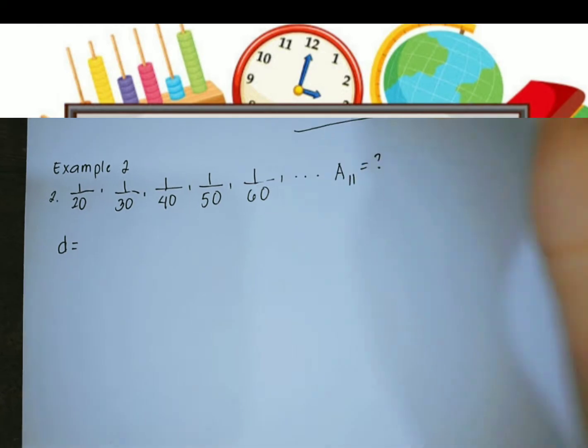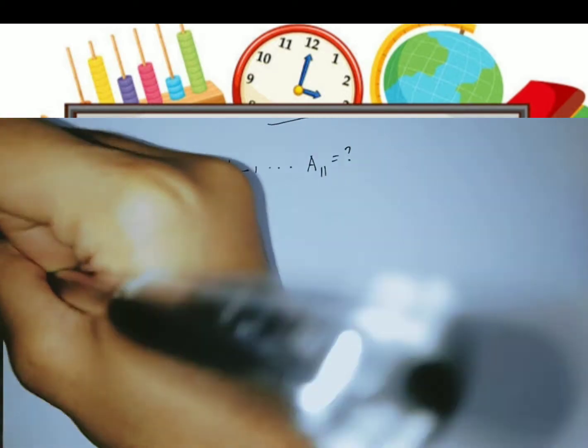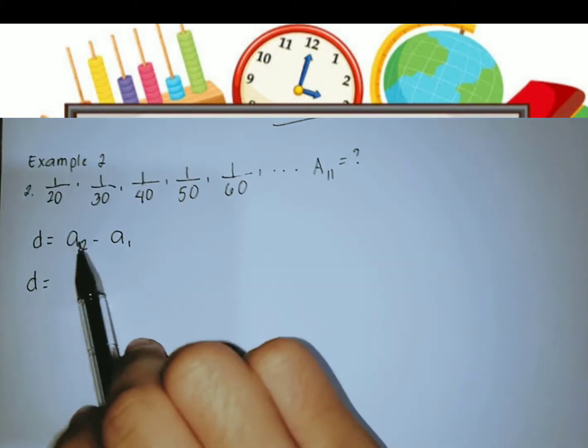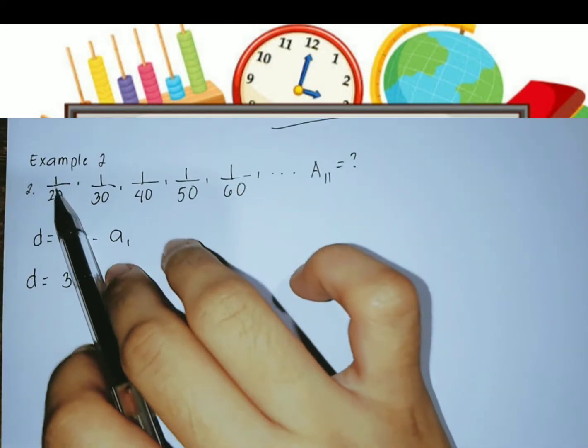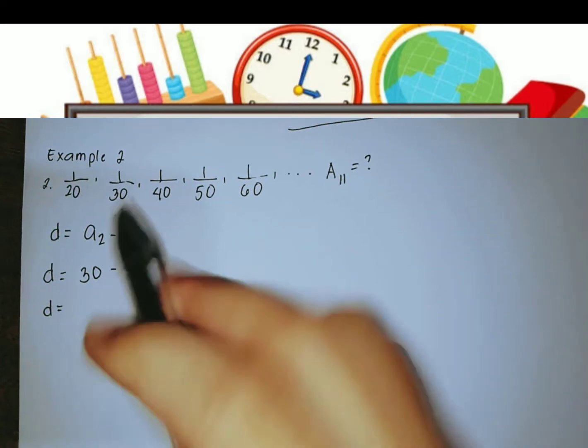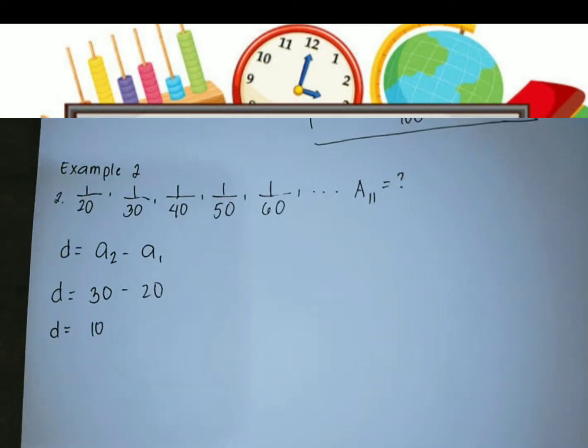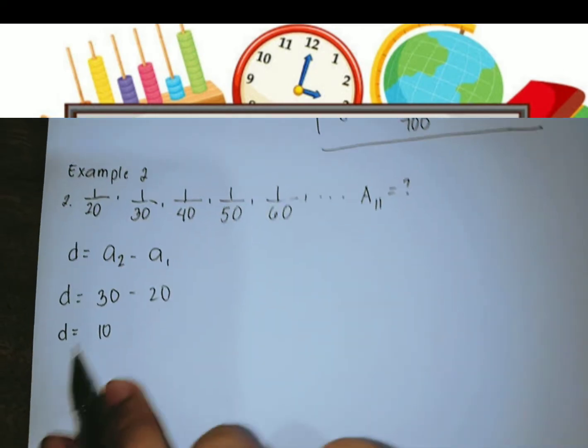The formula is d is equal to a sub 2 minus a sub 1. So d is equal to our second term, 30, minus our first term, which is 20. So 30 minus 20 is 10. This is our common difference.